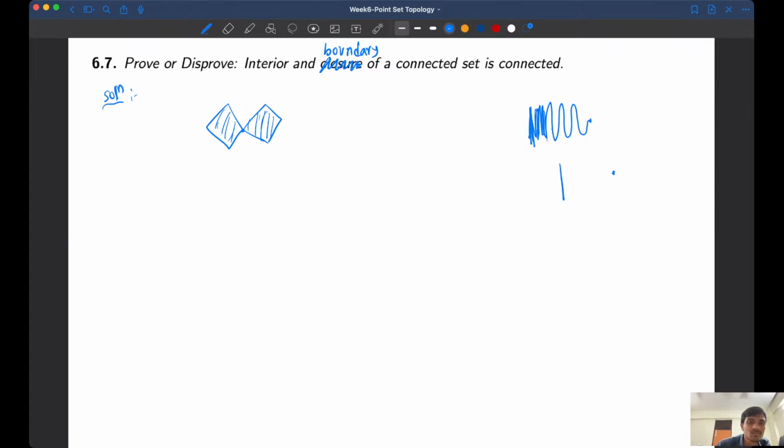Maybe I have to slightly change this. Let me write the thing properly. Like this thing, the boundary is not included there. Just the point is there, and these are okay. This thing, but the boundary points are not there.